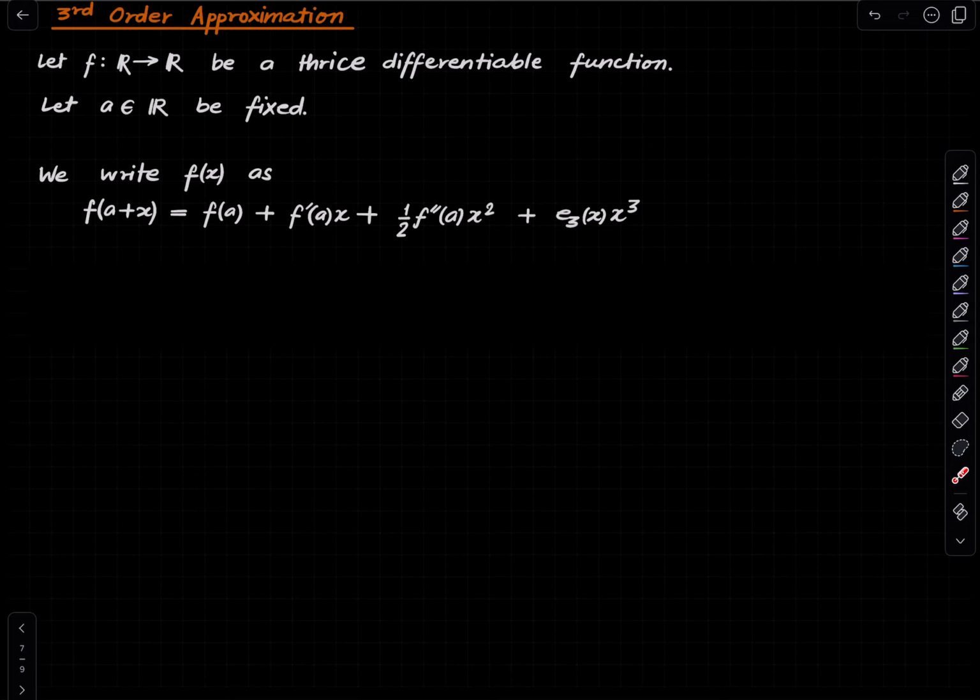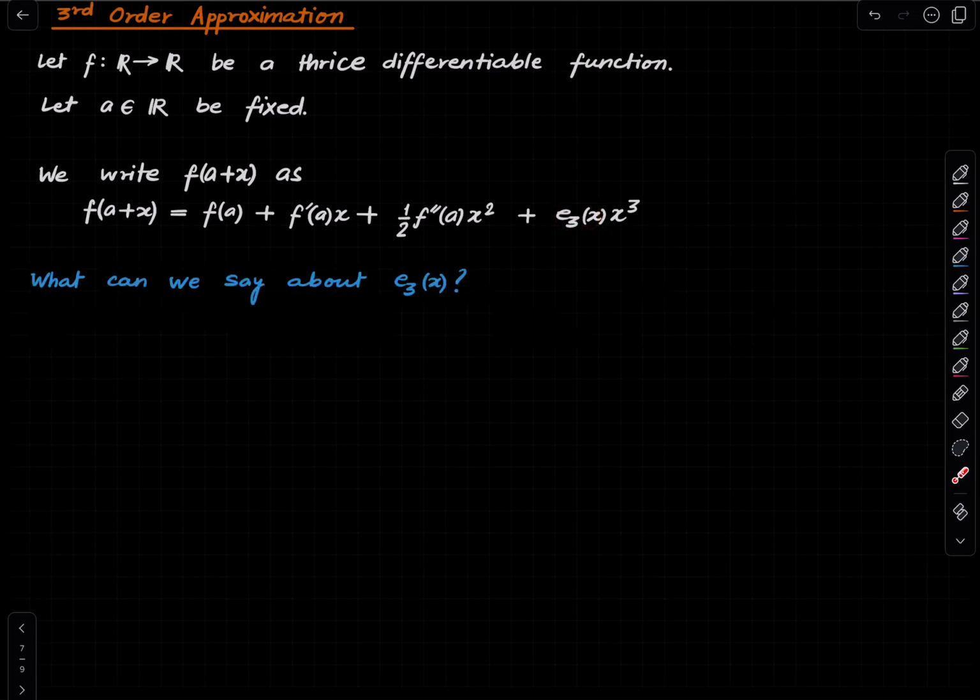In the second order version, the second order error had a half here and then the second derivative at a suitable point. But here we have changed that suitable point to the point a itself, and the third order term we have to talk about.